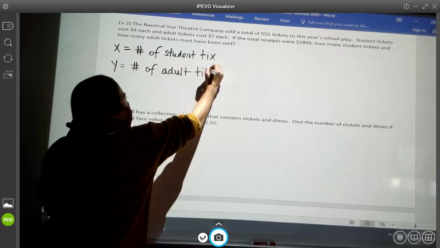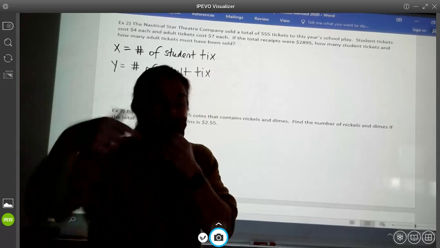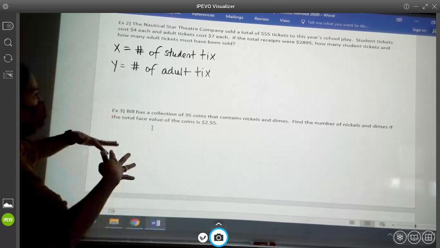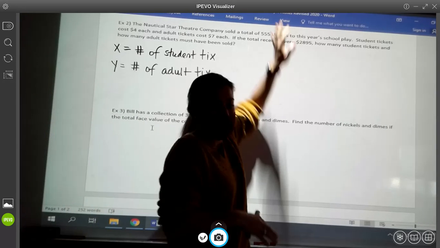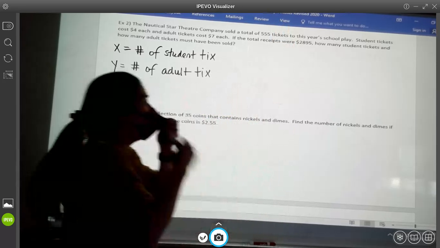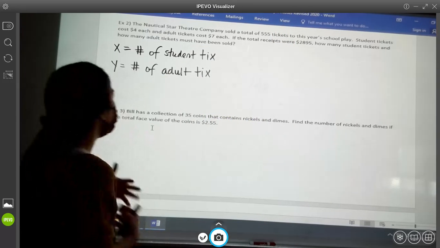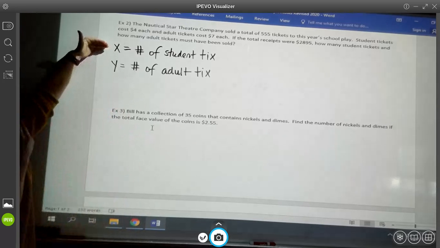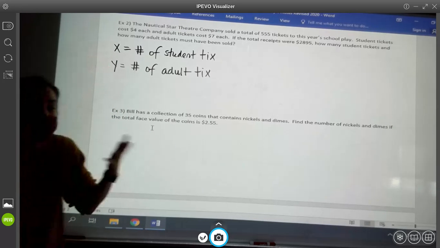Okay, so now I have to write 2 equations using X and Y. First, we're going to write an equation that just talks about the amount of tickets sold, and then we're going to write an equation that brings the money in. If this many student tickets were sold, and this many adult tickets were sold, they have to add up to some total amount of tickets.